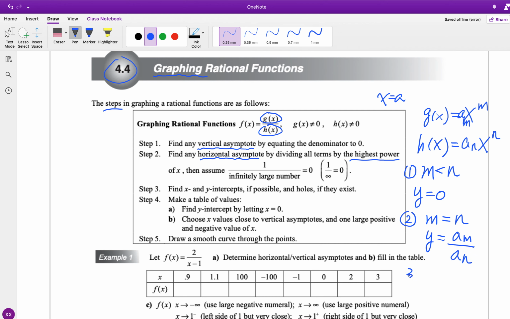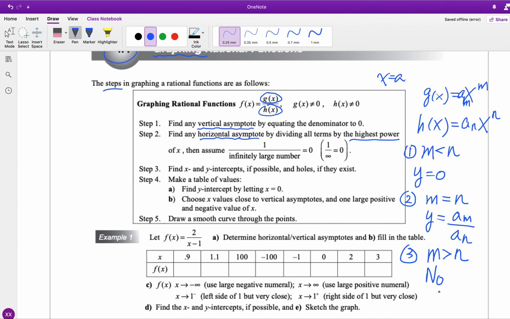The third possibility is that if the power on top is higher than the bottom, then there is no horizontal asymptote. So we figure out these two right from the beginning, and then on your graph, draw these asymptotes.